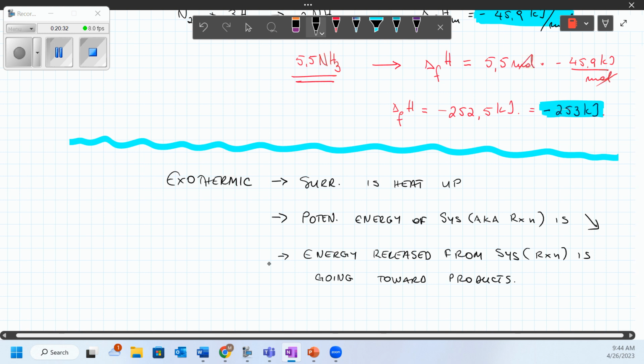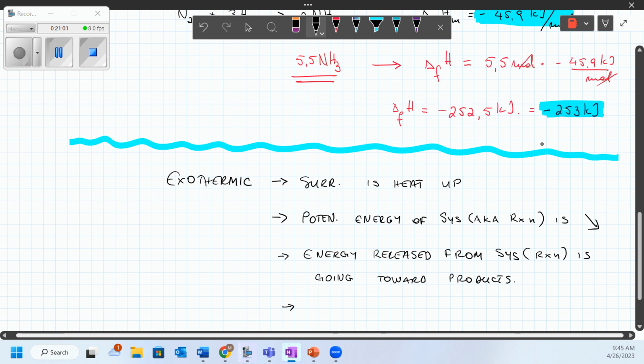Because remember what we said, that we have two parts. This is basic chemistry. Two parts of the reaction: reactants and products. So the energy now is going to the product side of the reaction. And the way that we communicate this in terms of the sign is using this negative sign here.